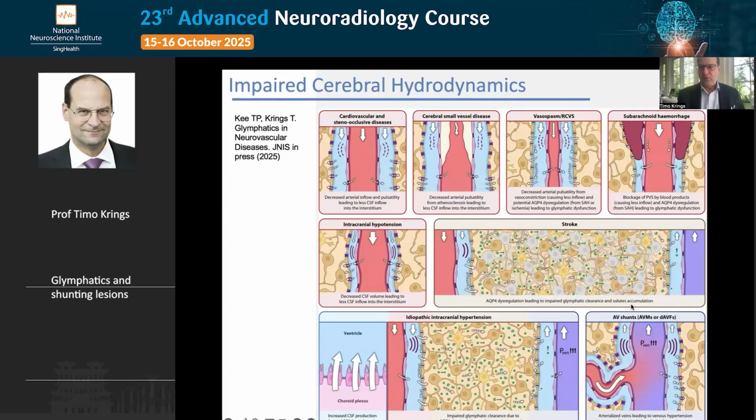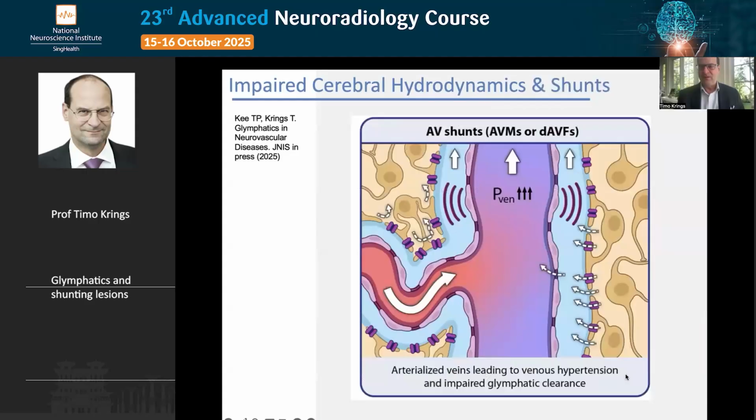I will only focus in this talk on the arteriovenous shunts, i.e. AVMs and dural AV fistulas, where the thought process is that the glymphatic system is no longer working as well because we have, A, hypertension within the veins and therefore no longer an arterial to venous gradient, and B, because of the shunting flow, we will also have pulsations within the veins.